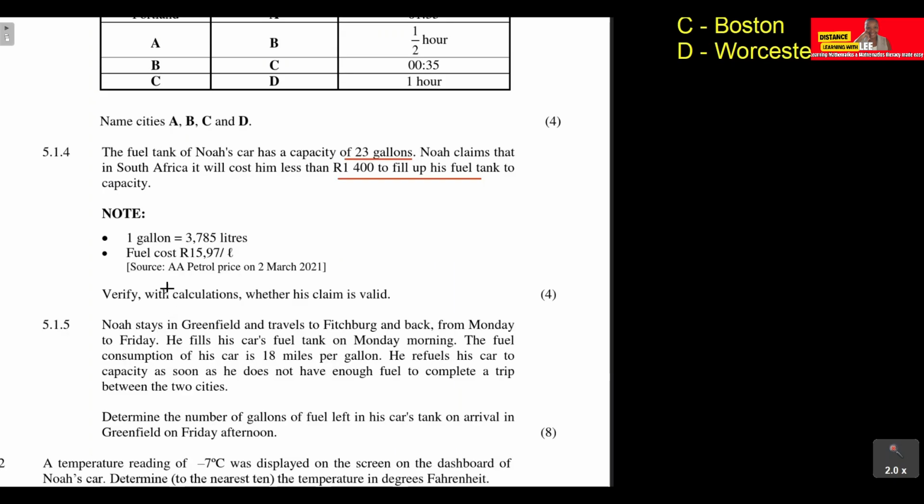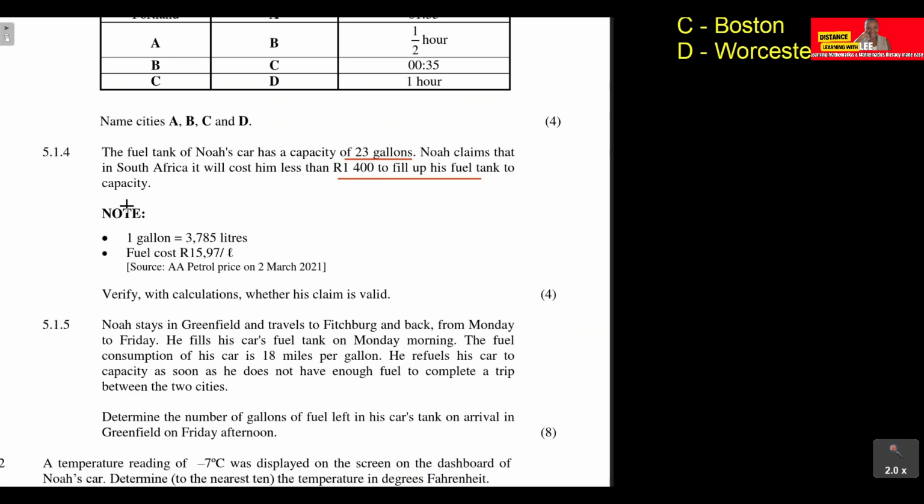We are told that 1 gallon is equal to 3.785 liters, and the fuel cost is 15 rand and 97 cents per liter. We now need to verify whether his claim is correct.